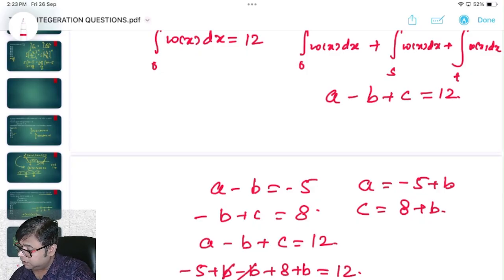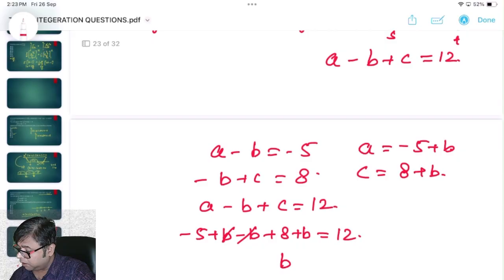So one B gets cancelled, and B comes out to be 9.